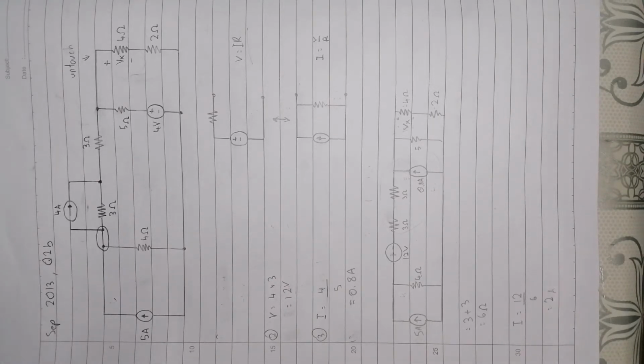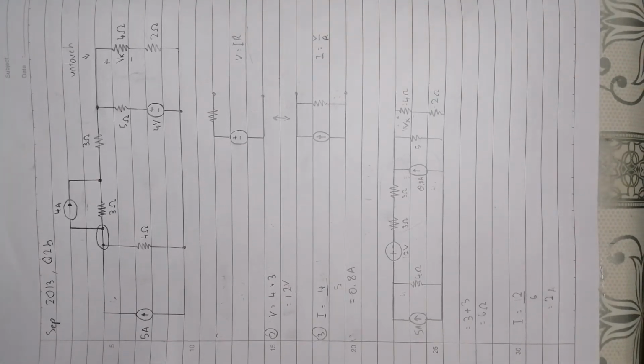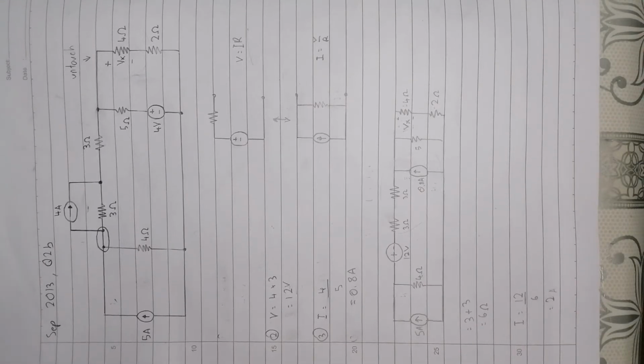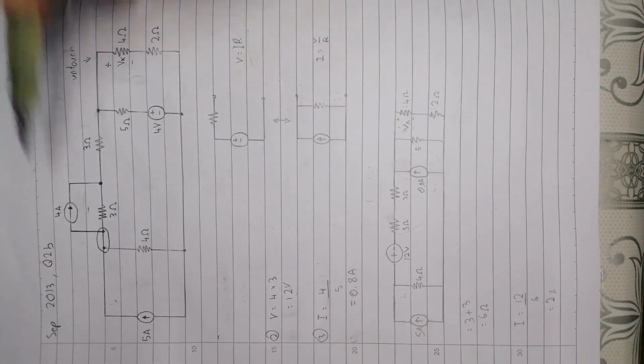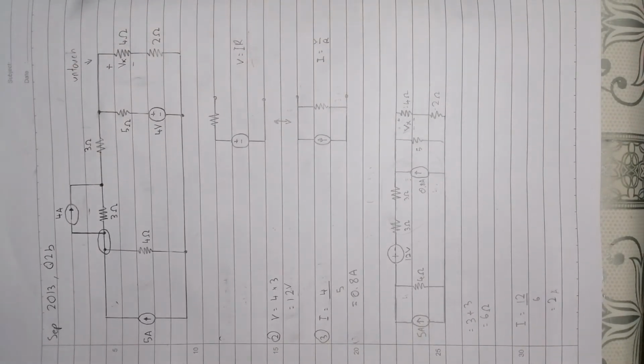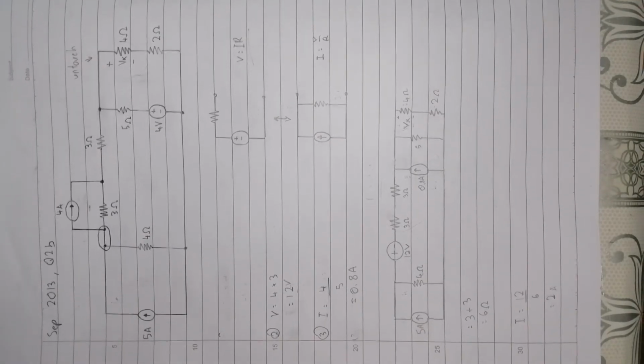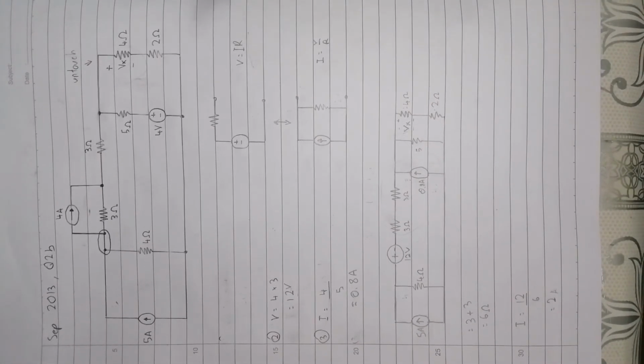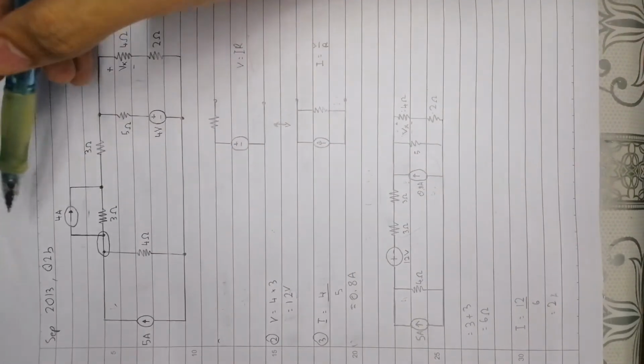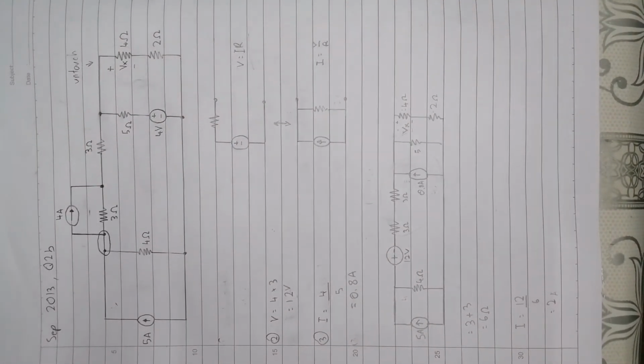So in this question, first step we will change the source here, that is current source, into voltage source. So we will use the formula V equals IR, that is 4 we get from the current source and then 3 is from the resistor, so we got 12 volt.